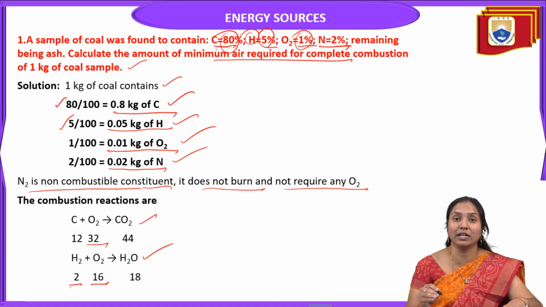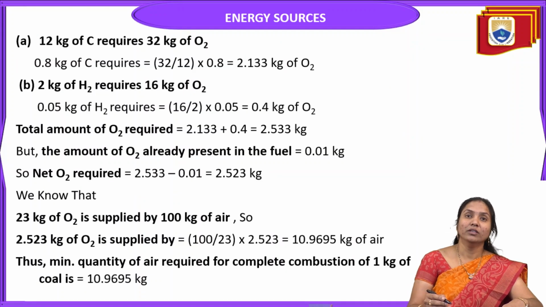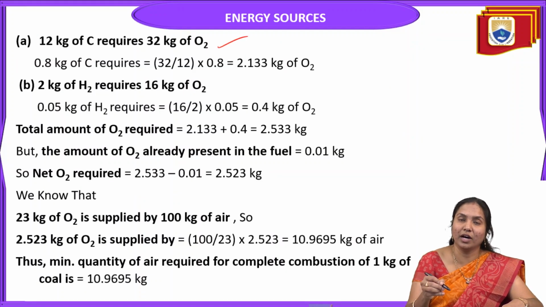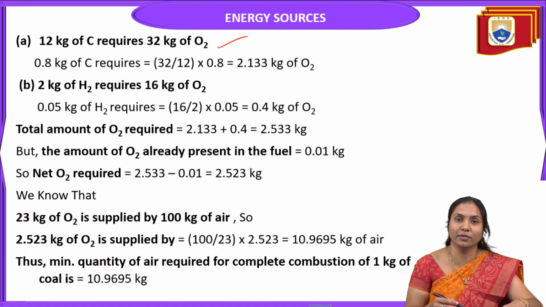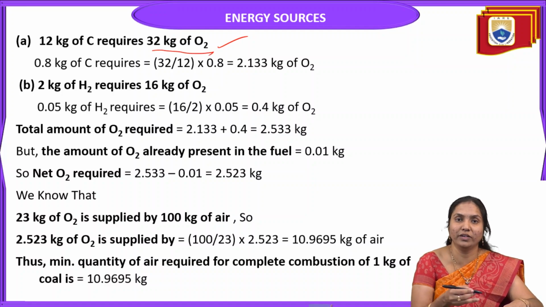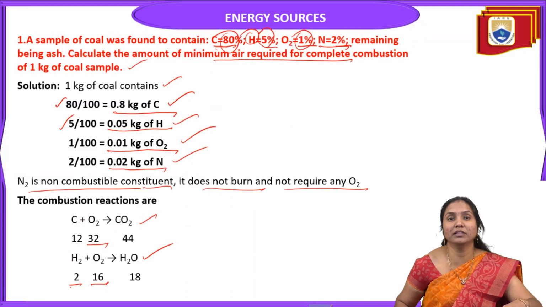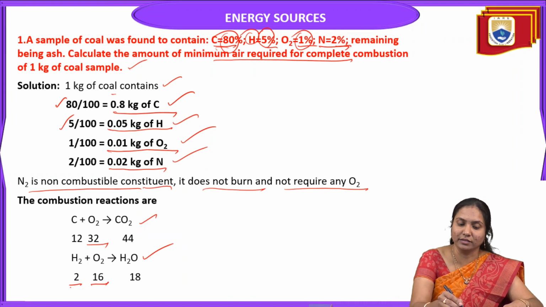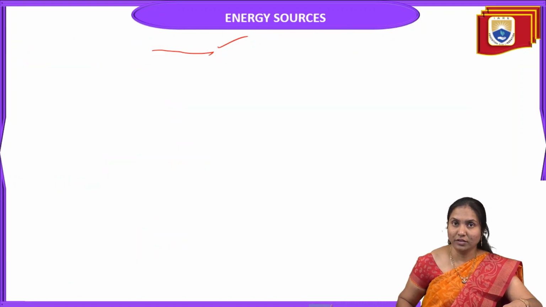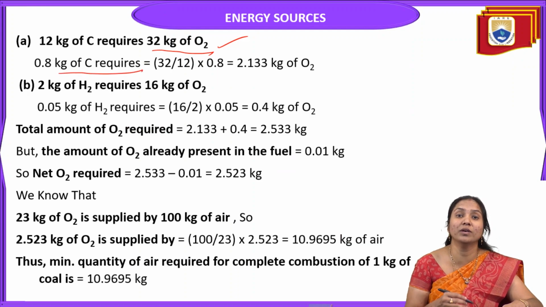First write down the combustion reactions by taking weights. And next, 12 kilograms of carbon requires 32 kilograms of oxygen, as we know from the reaction. How much carbon is present in this fuel? 0.8. So 0.8 kilograms of carbon requires how many kilograms of oxygen?